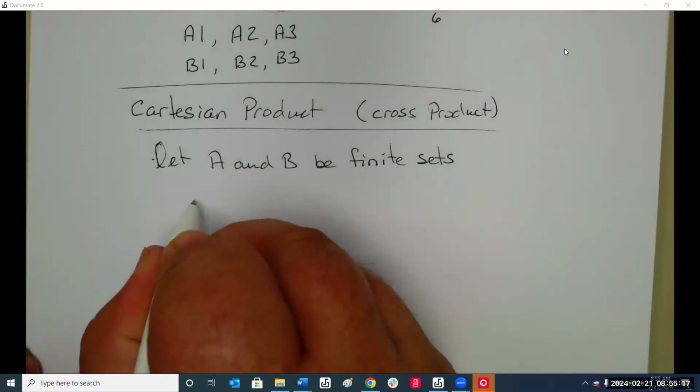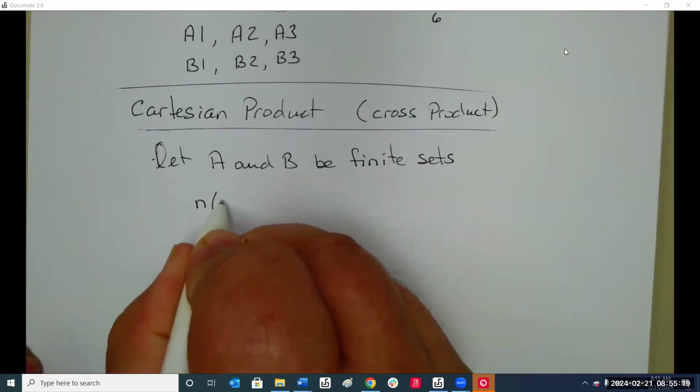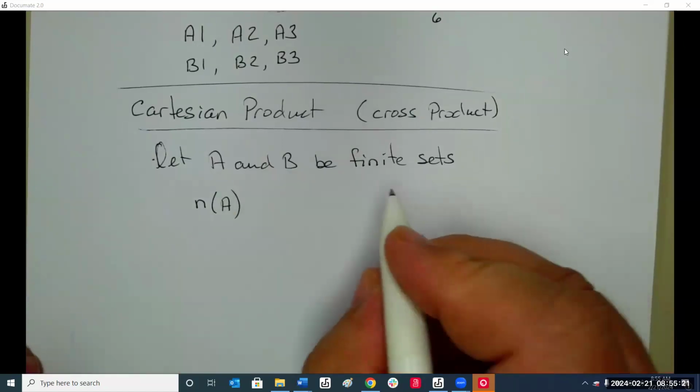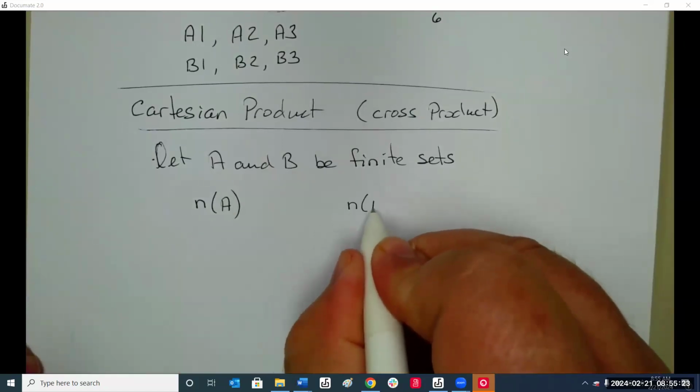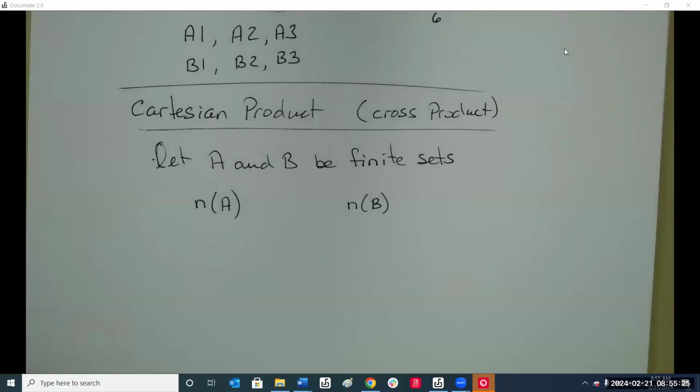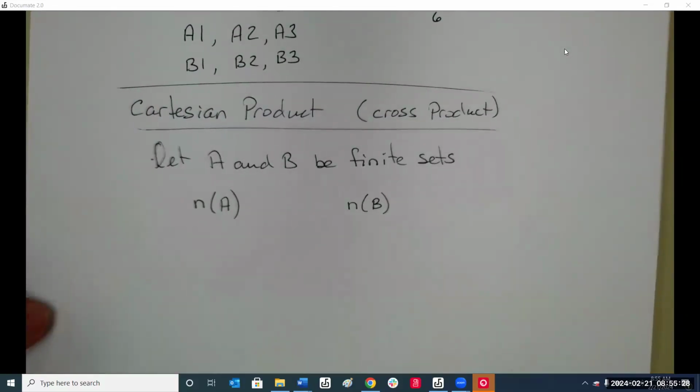So the cardinality of A, remember what these represent? What does that little n represent?